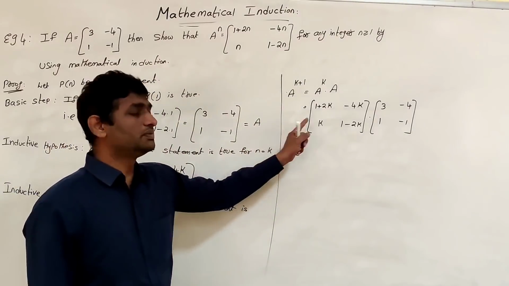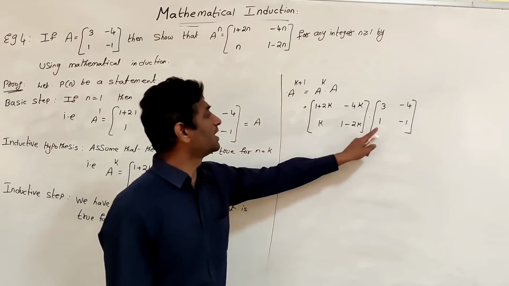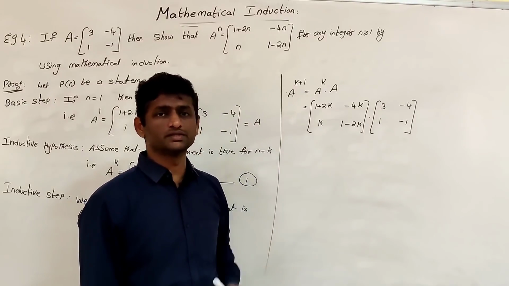So matrix multiplication is possible because both of the matrices are square matrices of the same size.